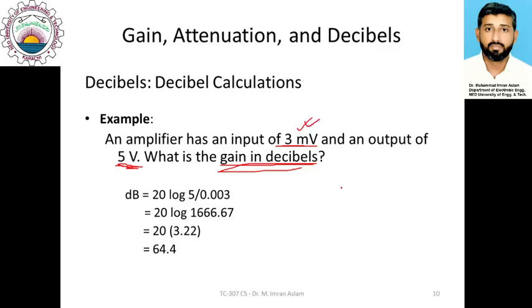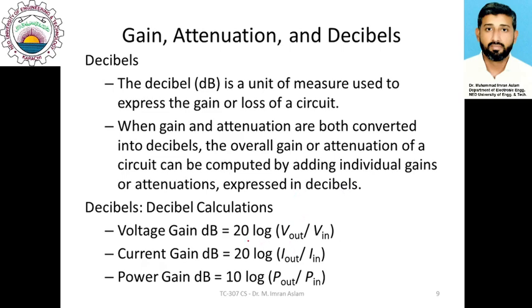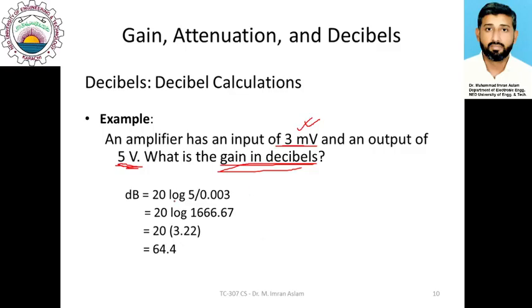So we should use the voltage gain formula, which is illustrated here: 20 log of V out upon V in. The output voltage is 5 and the input voltage is 3 millivolt, which is 0.003. If we simplify this, you would see that the dB value of this gain comes out to be 64.4.